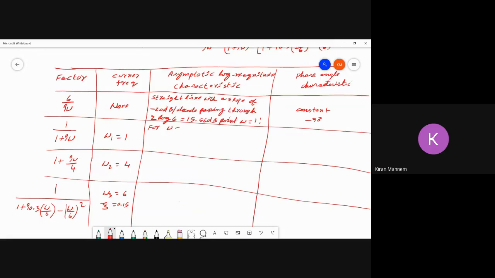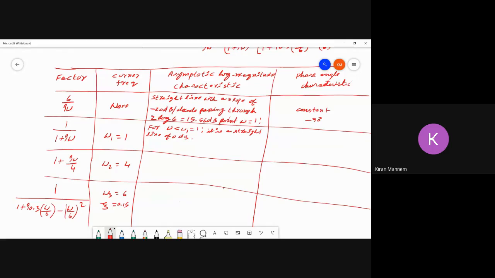omega less than omega 1, which is equal to 1 here, it is a straight line of 0 dB.